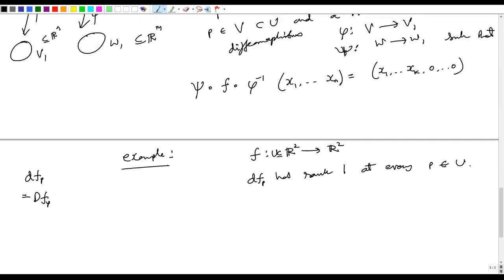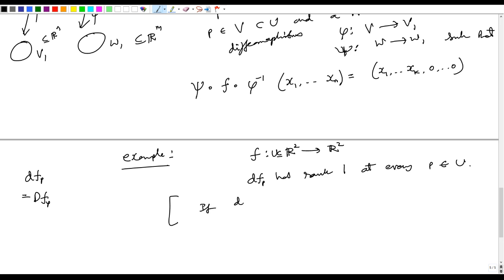So constant rank theorem, in this case, there are only 3 possibilities for the rank. The rank can be 2 at every point, rank can be 1 at every point, or the rank can be 0. So before I start the rank 1 case, let's dismiss the easy cases first.